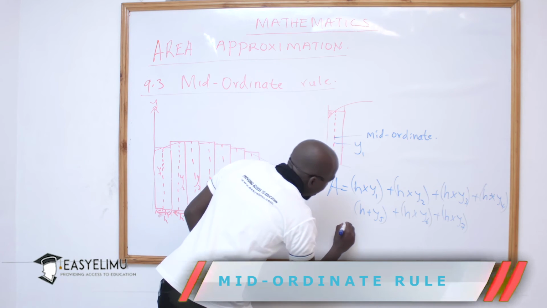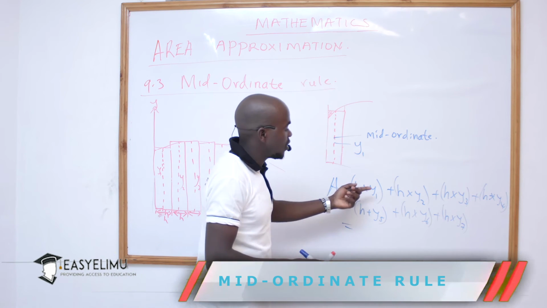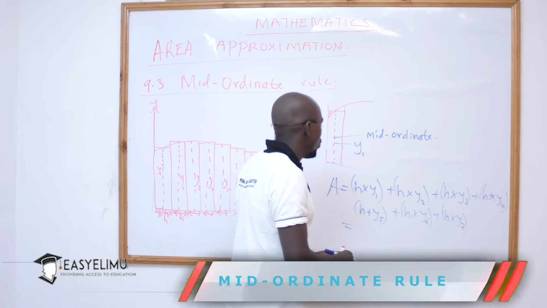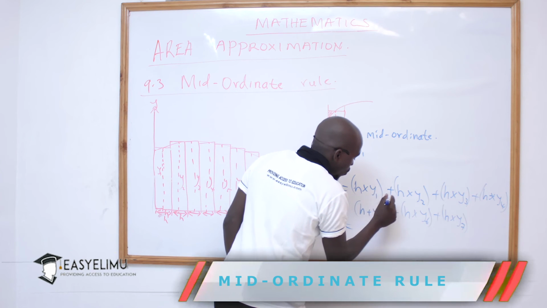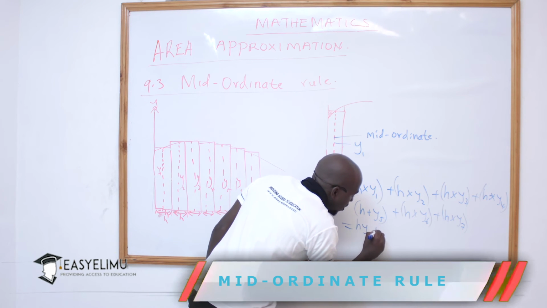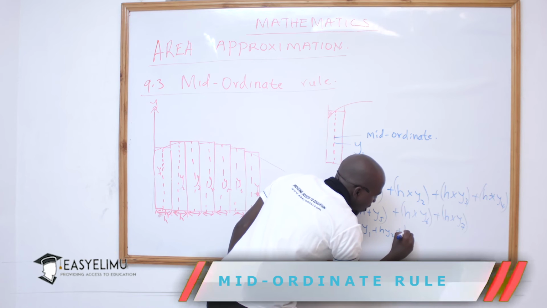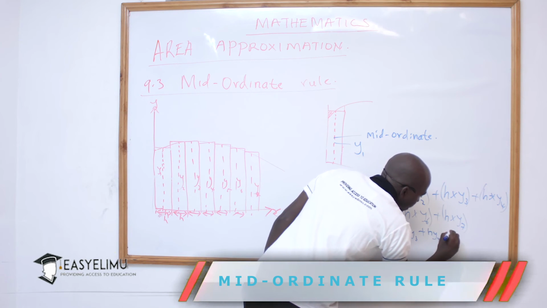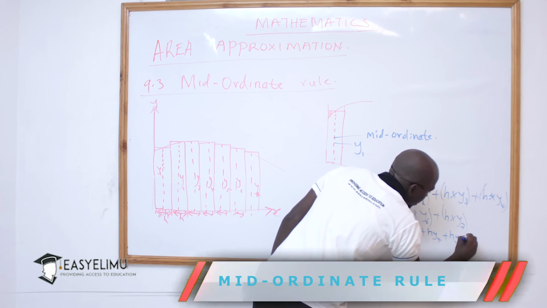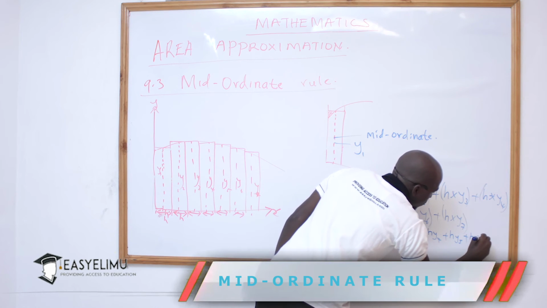So we find that h is common in all of them. You will have hy1 plus hy2 plus hy3 plus hy4 plus hy5 plus hy6 plus hy7.